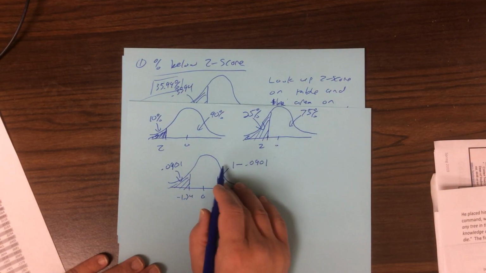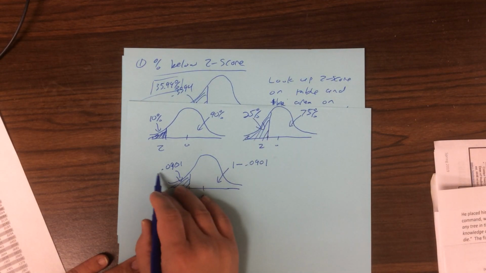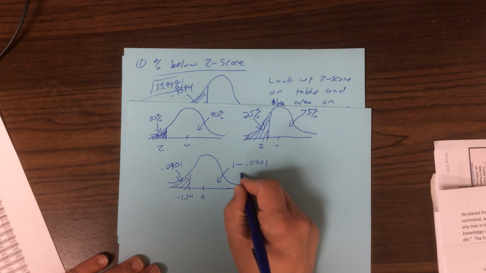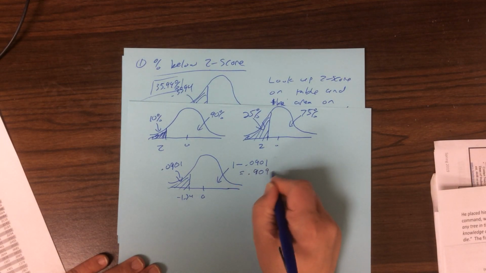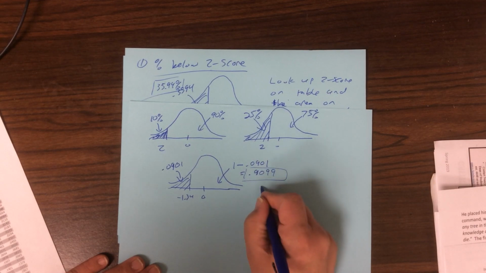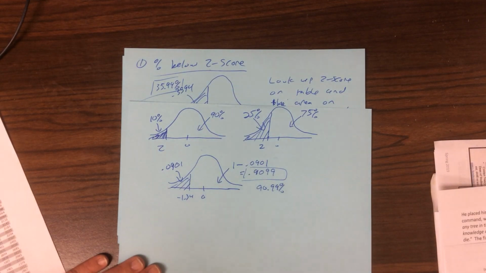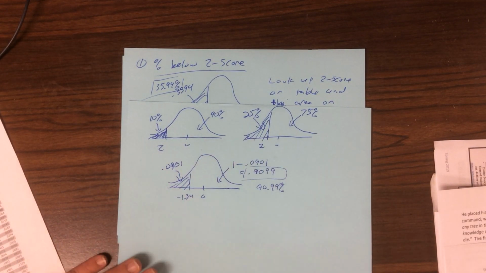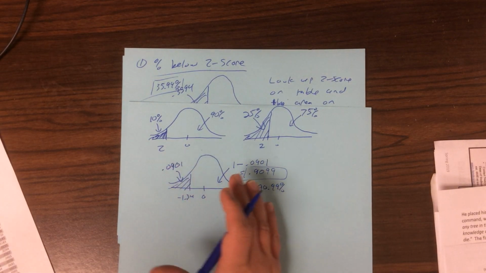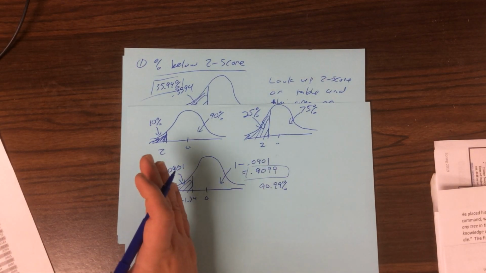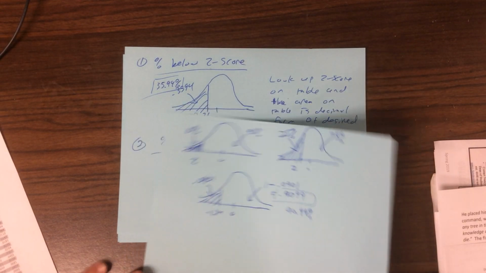So instead of taking 100% minus the percent below, you're taking 1 minus the area below. And you would get 0.9099, right? So the area above would be 90.99%. You're either below or you're above. The table gives you the area below, and you have to subtract from 1 to get the area above.